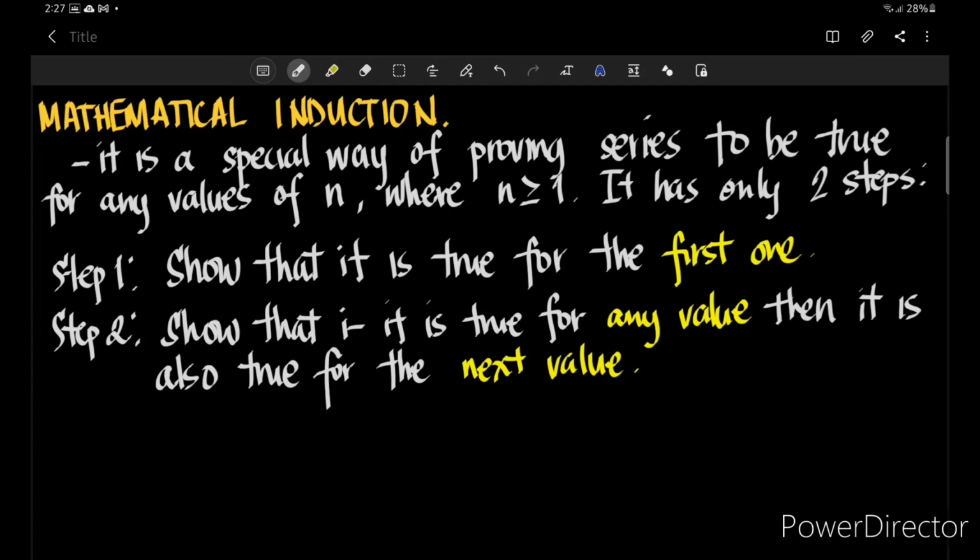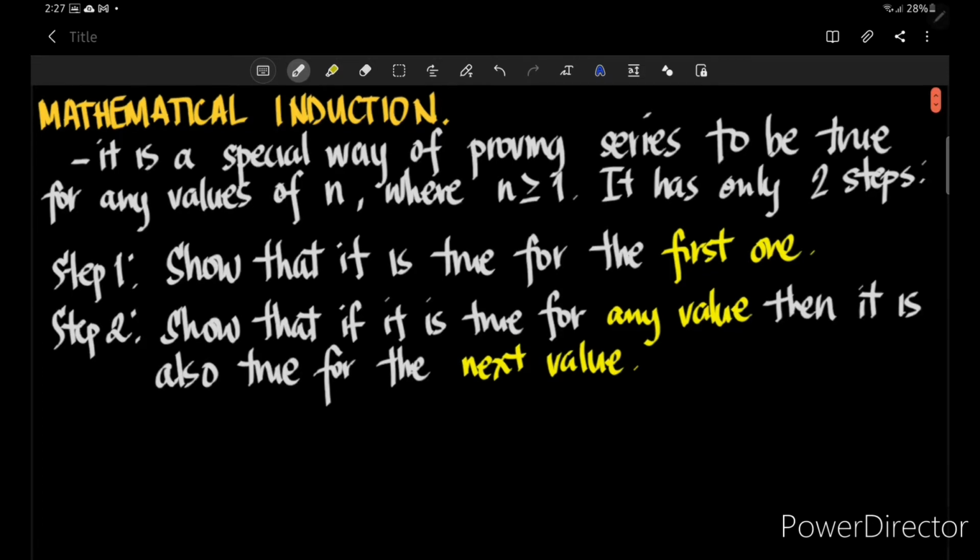Okay? For the step 1, show that it is true for the first one. So you're going to let the variable n as equal to 1 or 2 or 3. Okay? Then step 2, show that if it is true for any value, so you're going to let n as, let's say, k, then it is true for the next value, that is k plus 1.